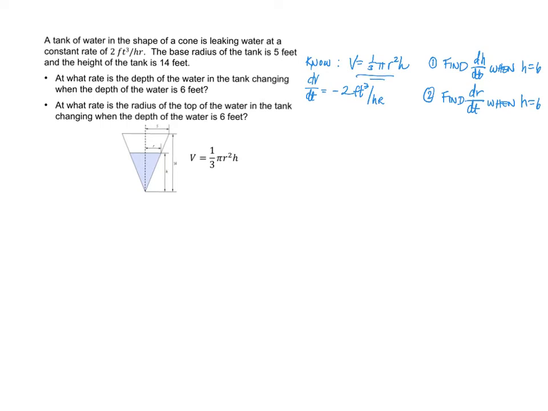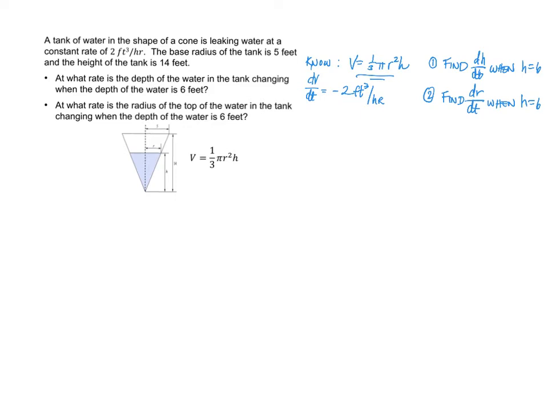Well, when we have this formula up here, V equals 1/3 pi r squared h, notice we have 3 variables in that, and so that would be tough to deal with. So if we can get rid of one of those variables, that would be beneficial. So the relationship we're going to use is similar triangles, right?